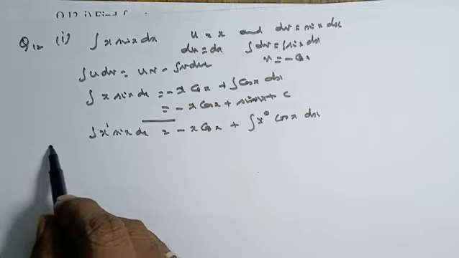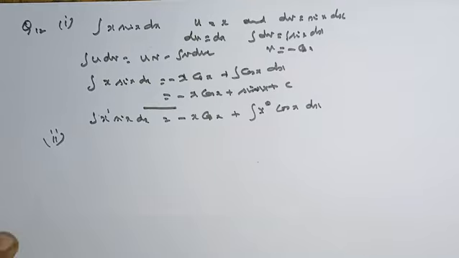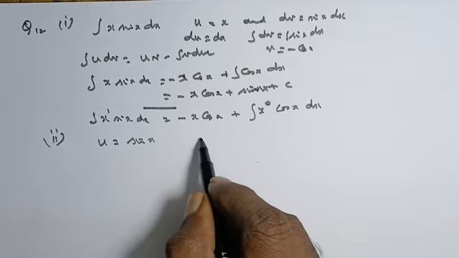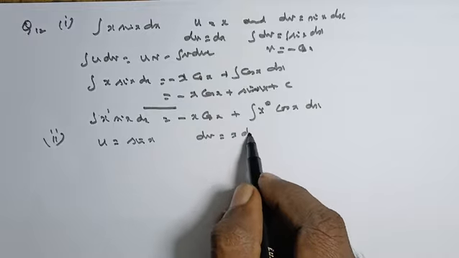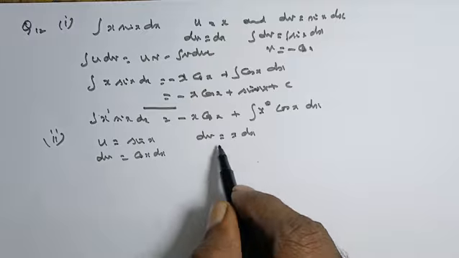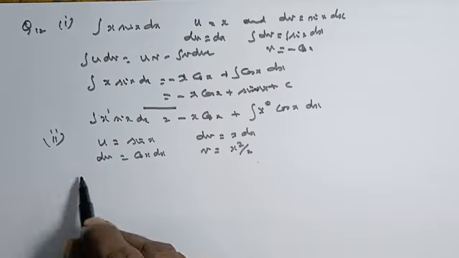Now subdivision 2. You interchange u and dv and show that this method is more complicated. That is, u equal to sin x, dv equal to x dx, then du equal to cos x dx, and v equal to integral x, that is x squared by 2.